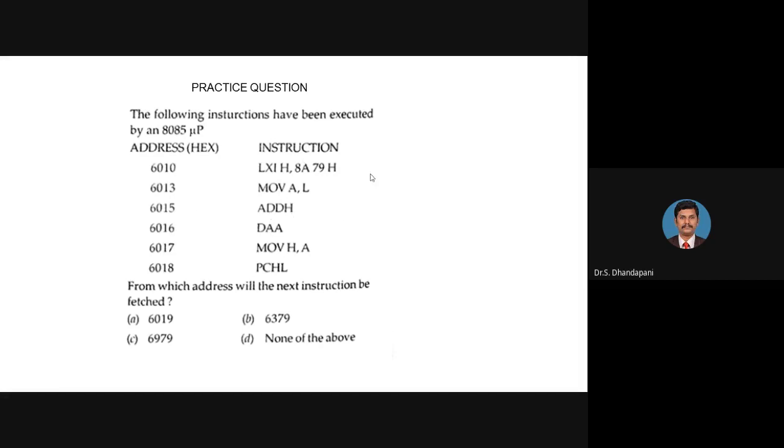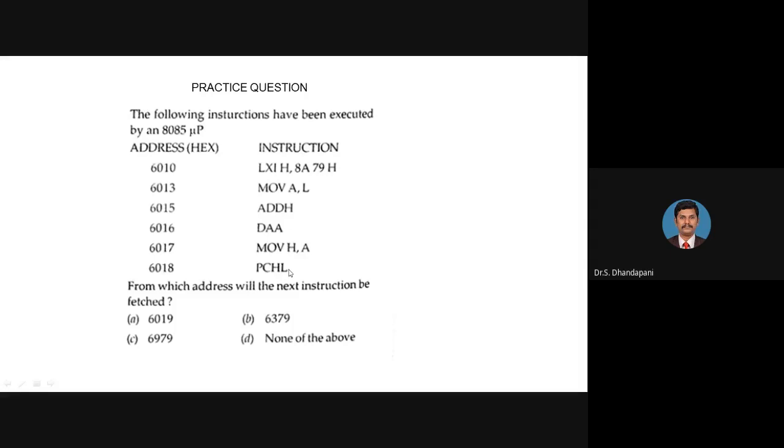Next, we are using DAA, decimal adjust accumulator, that will convert the hexadecimal answer to decimal. After converting the accumulator value to decimal, we perform MOV H, A. That means the answer available in the accumulator is moved to the H register.